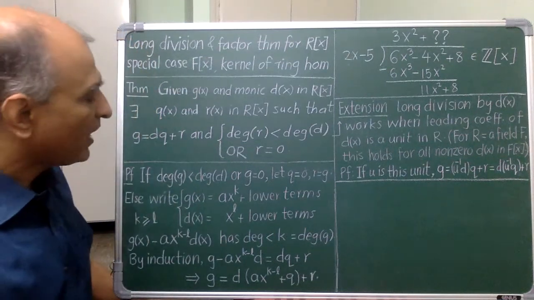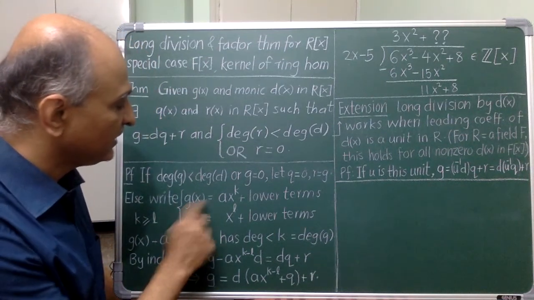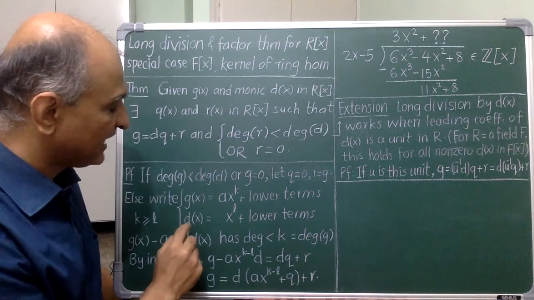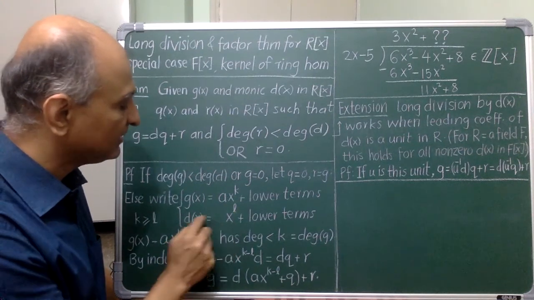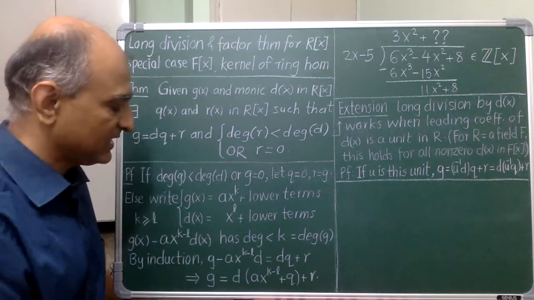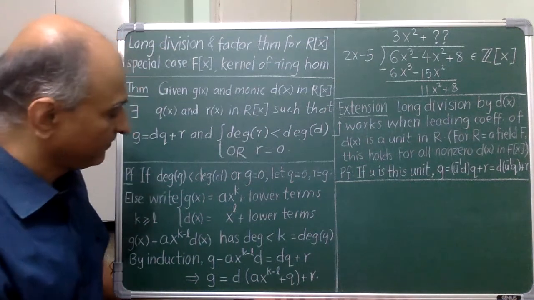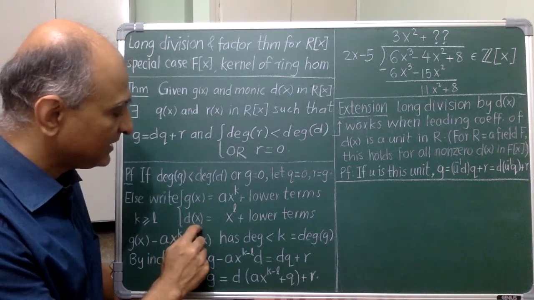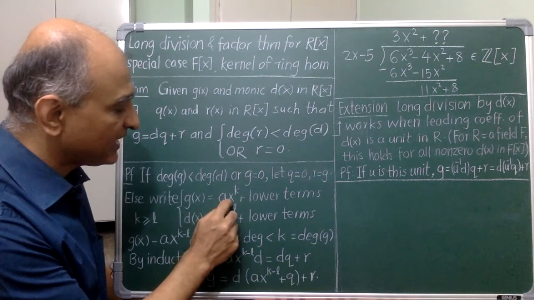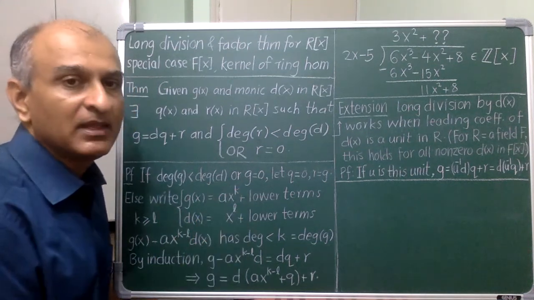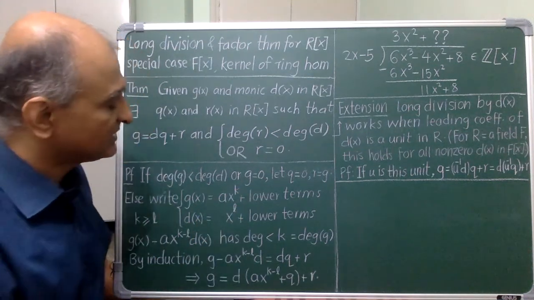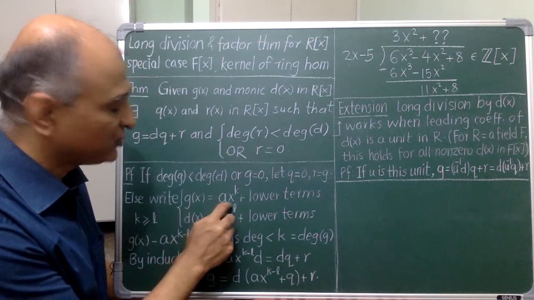Proceeding, now I have the situation where the degree k of g is at least as much as the degree L of d. In this case, I observe the following. If I multiply d by a times x to the k minus L, then the resulting product has the same leading term as g.